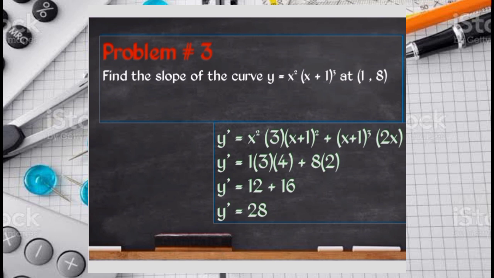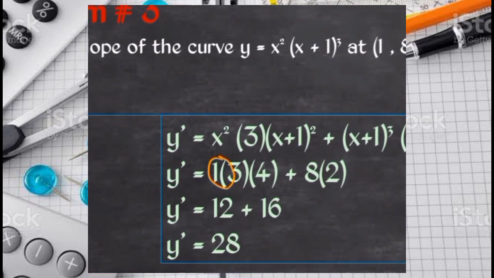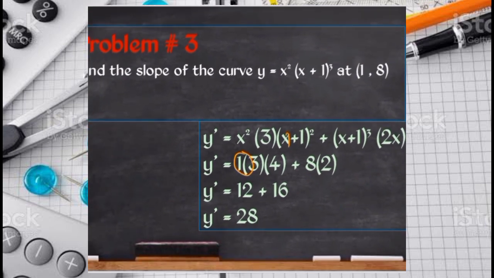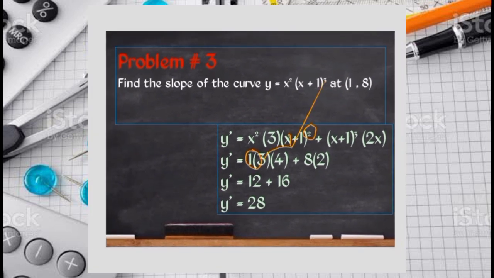So, x is 1, then x plus 1 is 1 plus 1 equals 2, squared, times 2, equals 4.